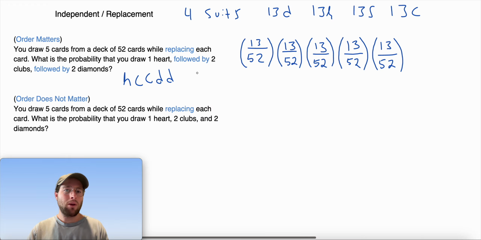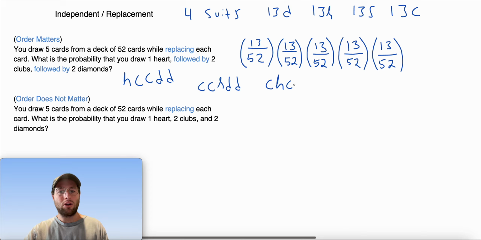And so that is why we say order matters, because we are considering only that particular arrangement. But what we need to know is that it doesn't matter if I instead had club, club, heart, diamond, diamond, or club, heart, club, diamond, diamond, any of these.